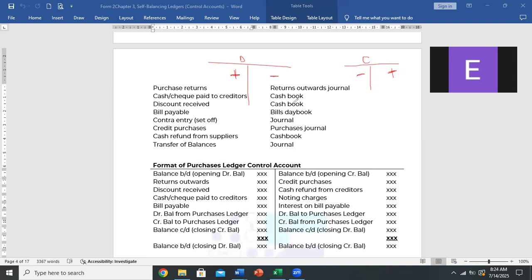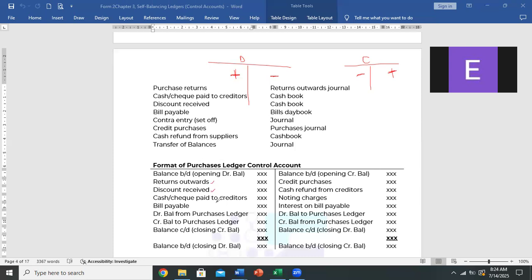Okay, so we saw items like credit purchases increasing the creditors balance. Okay, returns outwards reducing it, discount received reducing it. That's why you have those items at the debit side of the creditors account.